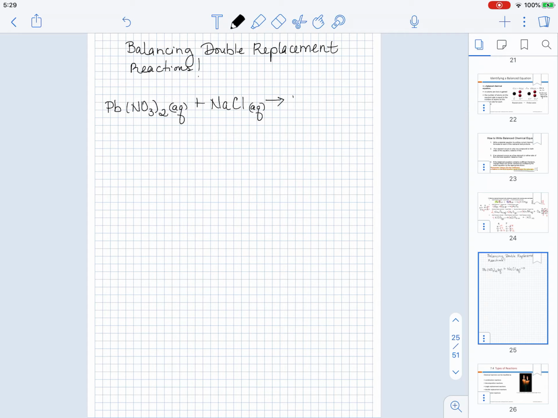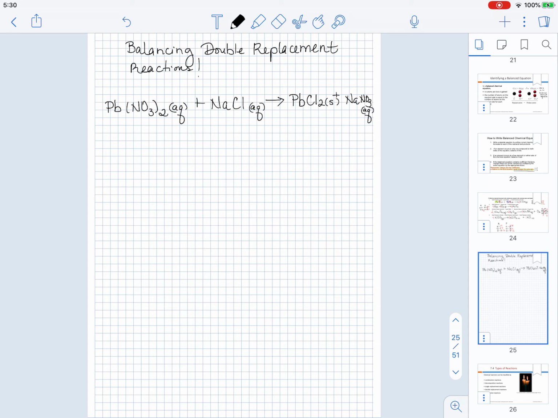That forms PbCl2, that PbCl2 is in solid form, plus NaNO3 in aqueous form.